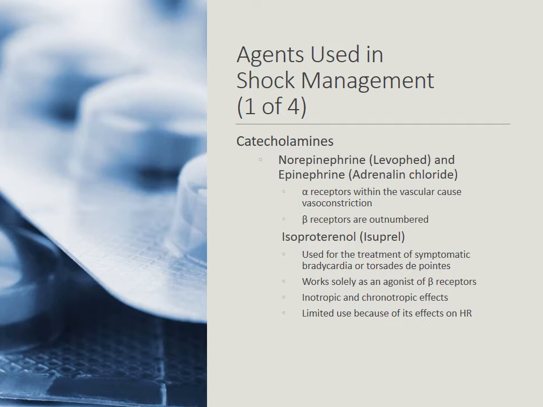Alpha receptors within the vasculature cause vasoconstriction, whereas beta receptors cause vasodilation. Most vascular beds within the body contain beta receptors. However, they are far outnumbered by the number of alpha receptors. So epinephrine and norepinephrine stimulation of beta receptors is almost of no effect.